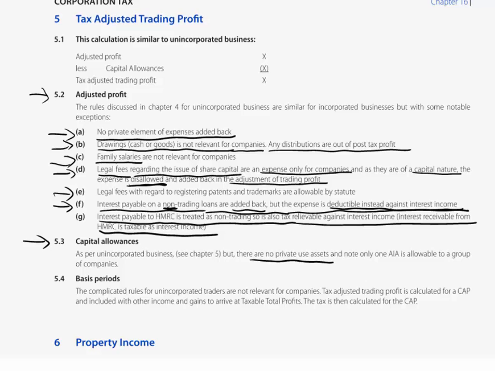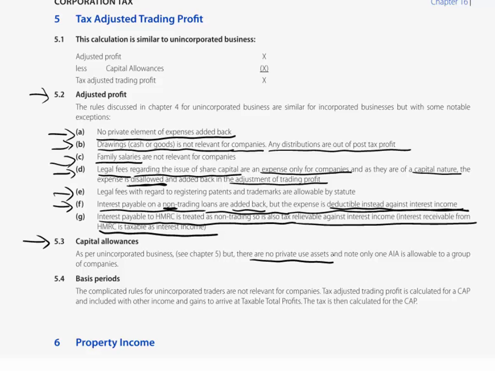We know when we will pay our tax by reference to that accounting period. So life is a whole lot easier in dealing with corporate tax. Easier for adjustment of profits, easier for capital allowances, and easier in terms of how and when we pay the tax, because we prepared the corporate tax comp for the chargeable accounting period, and it's for that period that the tax will then be payable.